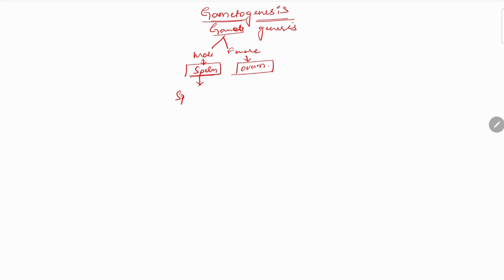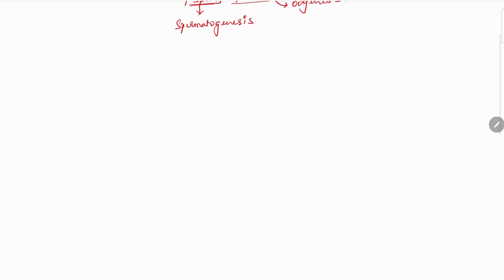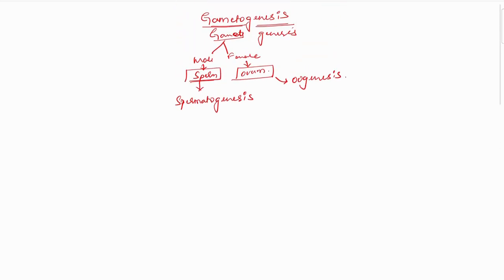Sperm production is called spermatogenesis, and ovum production is called oogenesis. Before going to the individual processes, let us understand in general what the gametogenesis process is.